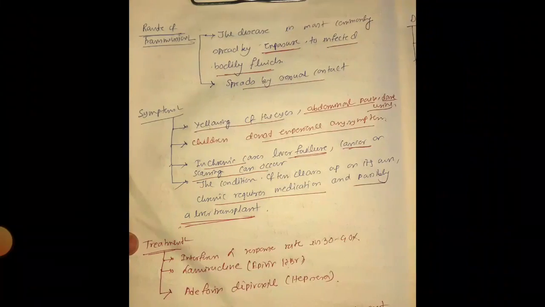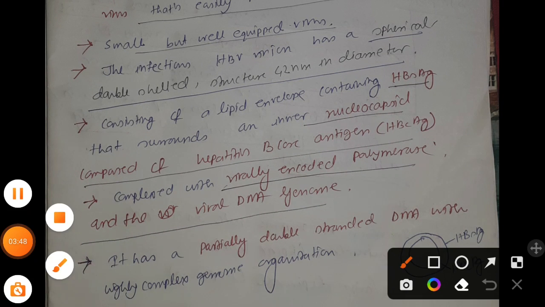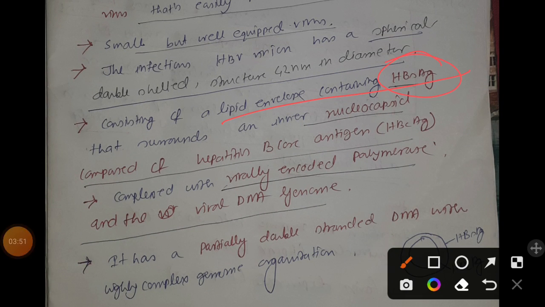So let's move on. It consists of a lipid envelope containing HBsAg, as I have discussed, along with HBeAg, that surrounds an inner nucleocapsid which is composed of hepatitis B core antigen. So the nucleocapsid is composed of hepatitis B core antigen, and the lipid viral envelope consists of hepatitis B surface antigen and hepatitis B E antigen, E for envelope.